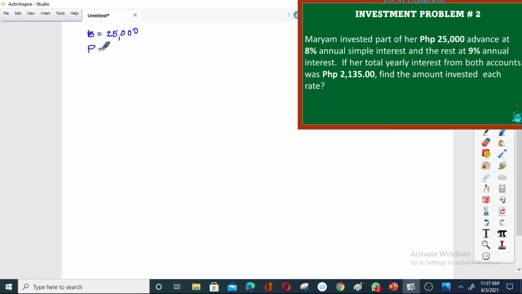And our P is also given, which is 2,135 pesos, at an interest rate of 8% and 9% annually.